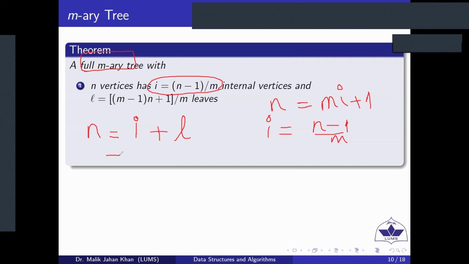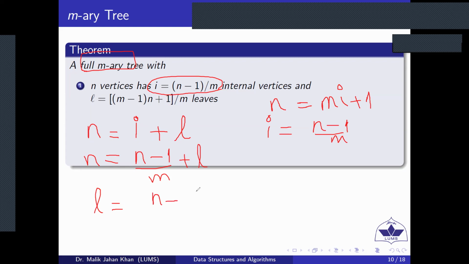If I plug in this i from our previous expression on the right side, we get (n minus 1) over m plus L, and this is the total number of vertices n in the tree. In order to derive an expression for L, I take L to the left hand side.